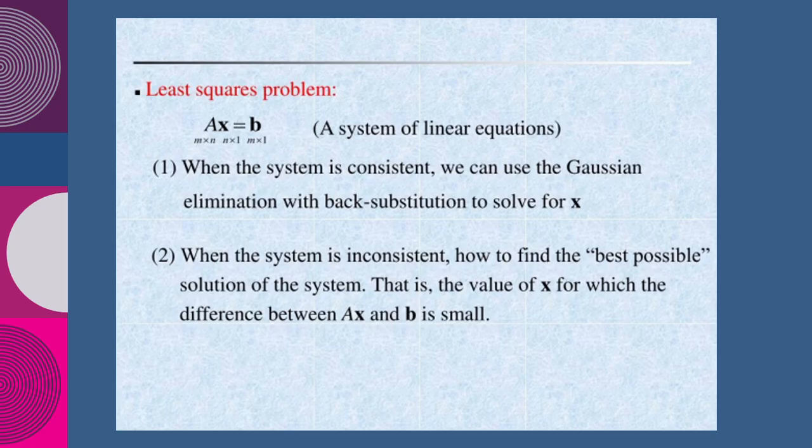But sometimes the system is inconsistent, meaning there is no exact solution at all. In that case, our goal changes. Instead of finding the exact answer, we try to find the best possible answer: the value of x that makes Ax as close as possible to b, even if it's not a perfect match.